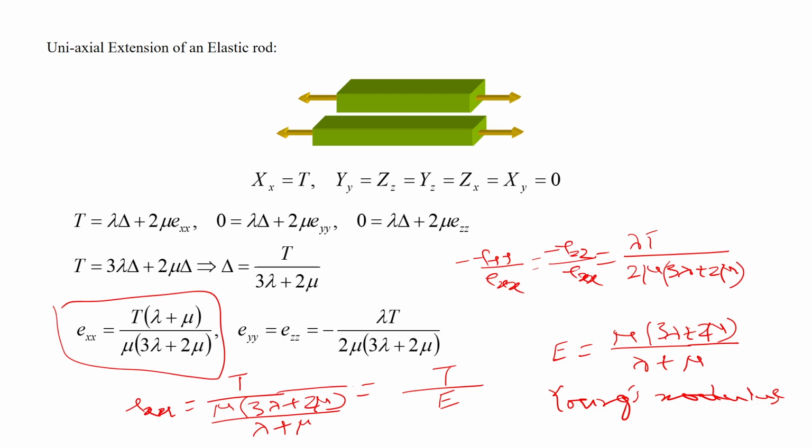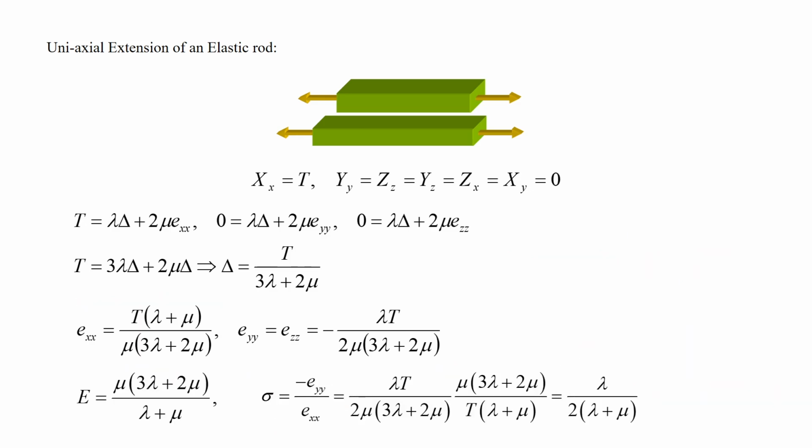So, 3 lambda by 2 mu gets cancelled, T also gets cancelled, and 2 mu also gets cancelled. So, I will have lambda by lambda plus mu. I hope I did not go wrong.